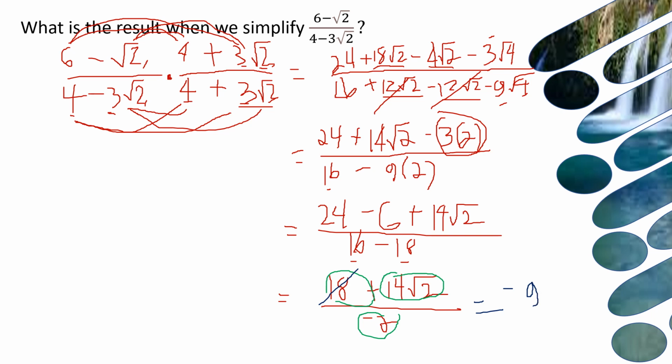And if we divide 14 here by negative 2, the result is negative 7 square root of 2. And negative 2 divided by negative 2 is 1. So our answer is simply negative 9 minus 7 square root of 2.